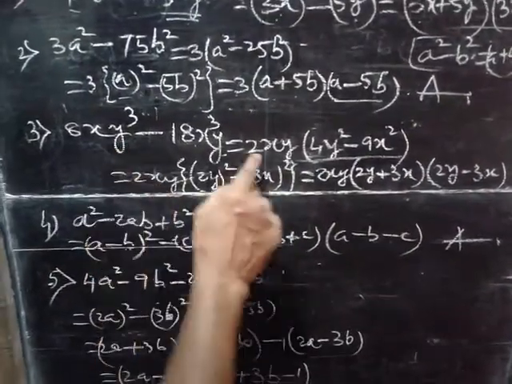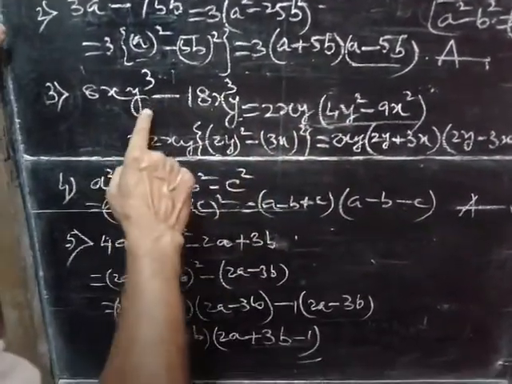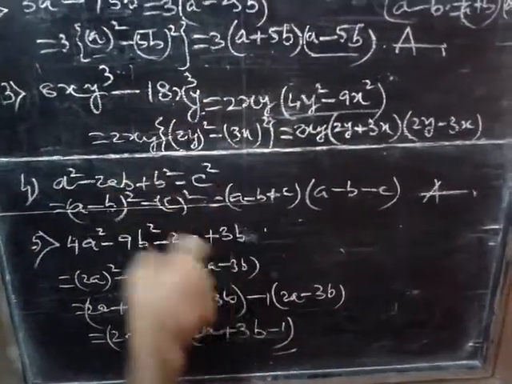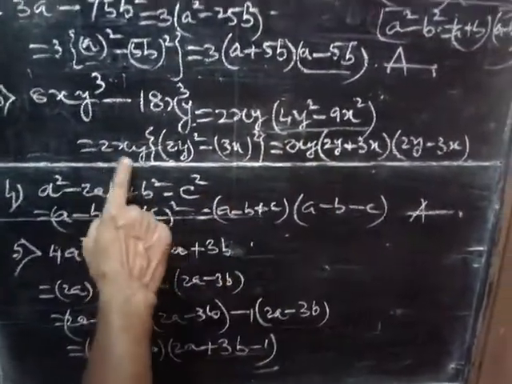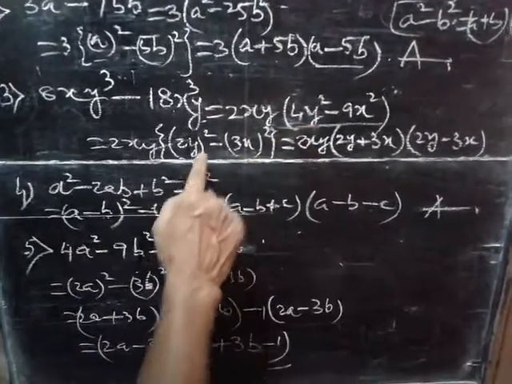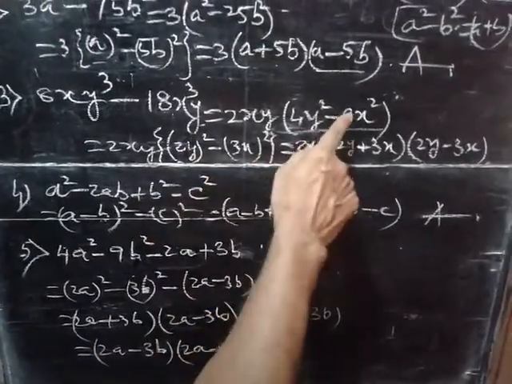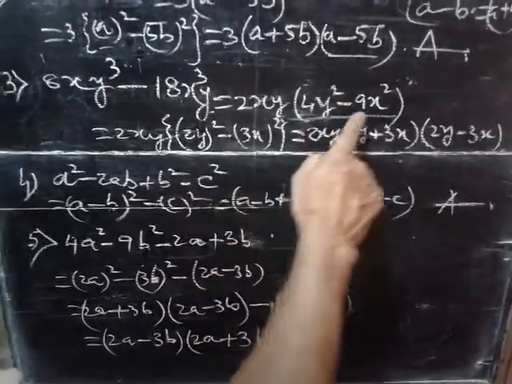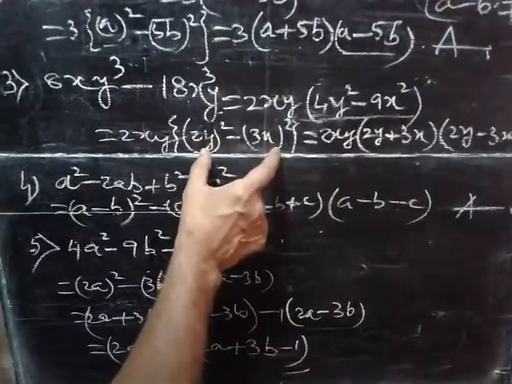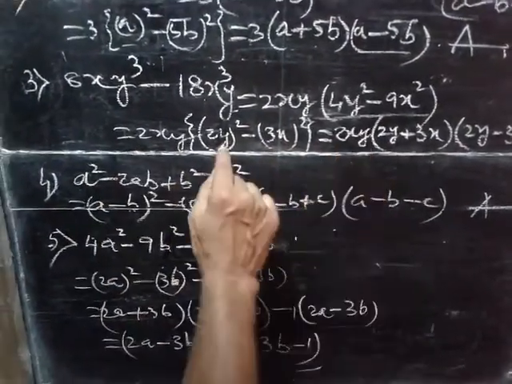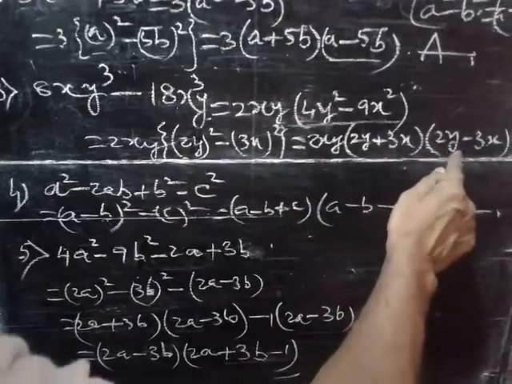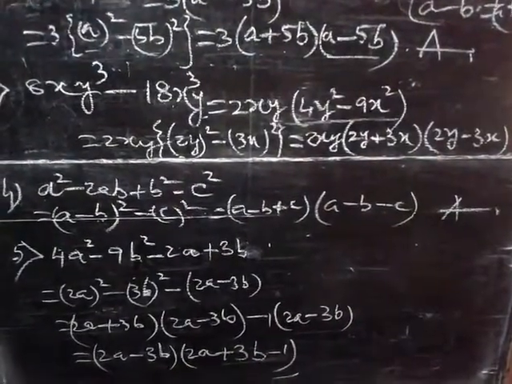Here 2xy is common, and you will get 4y square minus 9x square. So it is 2xy into (2y) square minus (3x) square. Using the a square minus b square formula once again, it is 2xy into 2y plus 3x into 2y minus 3x.